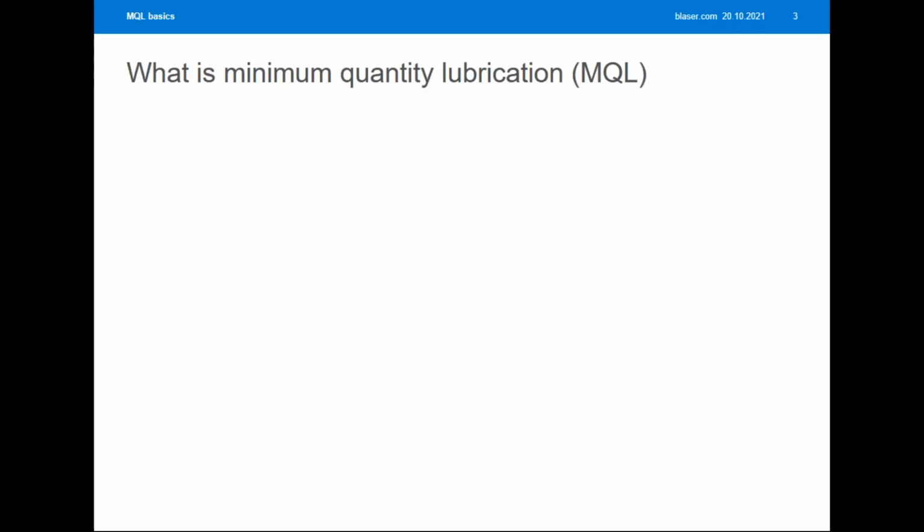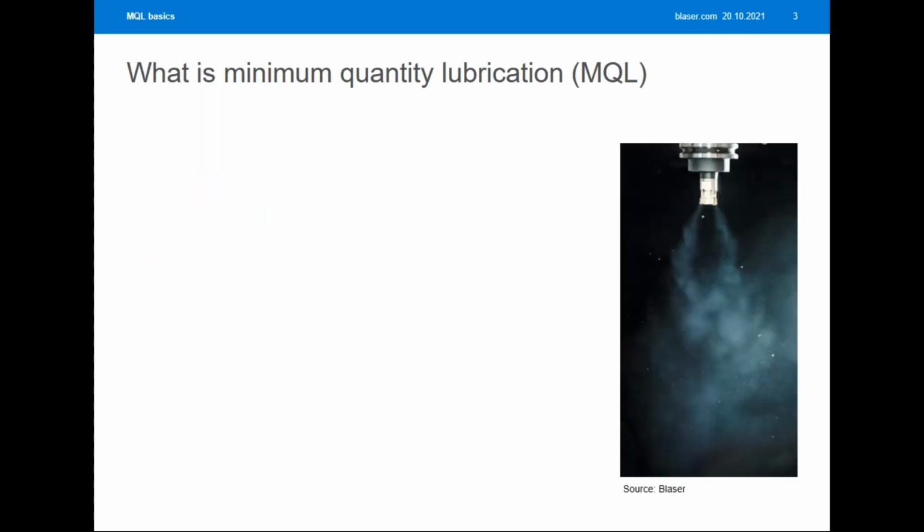So what is minimum quantity lubrication? As you see in the picture taken in our technology center in Hasle-Rüegsau, minimum quantity lubrication is an aerosol being used as cutting fluid. So you have a mixture of oil and air being brought into the cutting area.